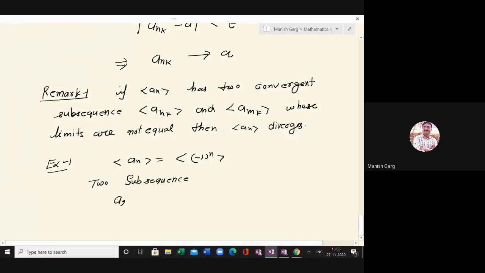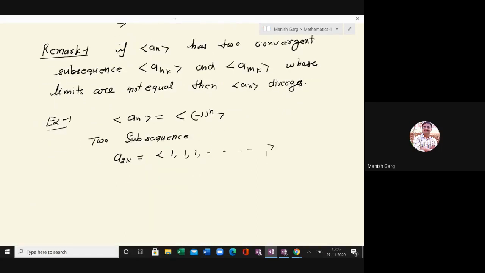You can take a_{2k}, this will be 1, 1, 1. Here I am taking b_{n_k}, suppose this is a_{2k-1}. So this will be -1, -1, -1.